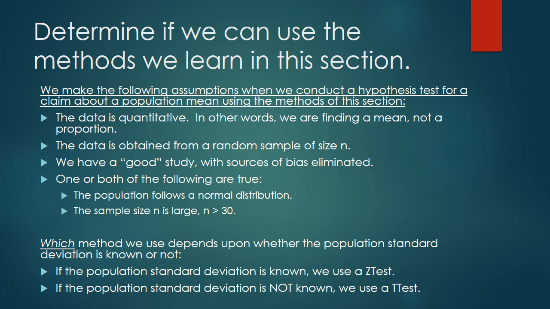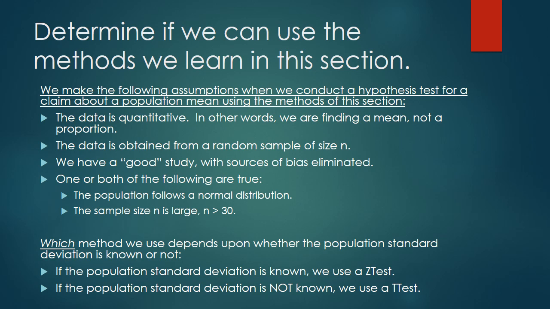It clusters around that true population mean, and the standard deviation is sigma divided by the square root of n, the population standard deviation divided by the square root of the sample size. If you know the population standard deviation, then we can use that normal distribution, that z distribution, to conduct our hypothesis test. We'll use what's called a z-test in our calculators.